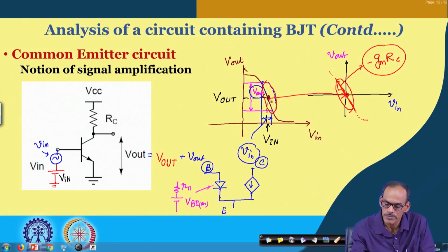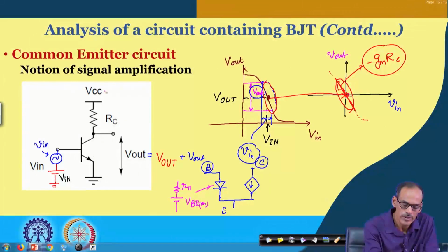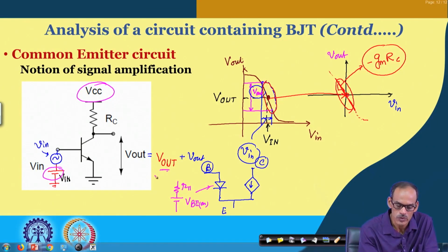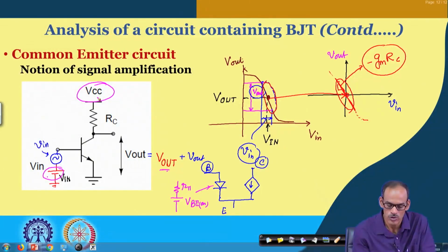Whenever we are shifting this Q point to this origin, equivalently we are dropping the DC part, that means we are making this ground, this is also ground, and this also ground. Not only this external DC voltage needs to be dropped, but whatever internal DC voltage exists within the model itself also needs to be dropped.